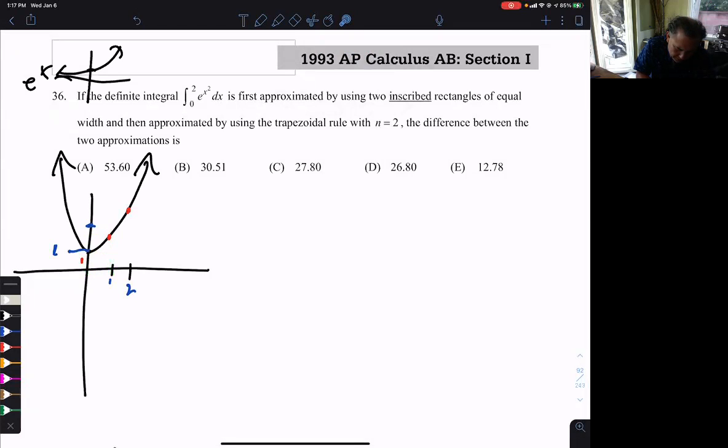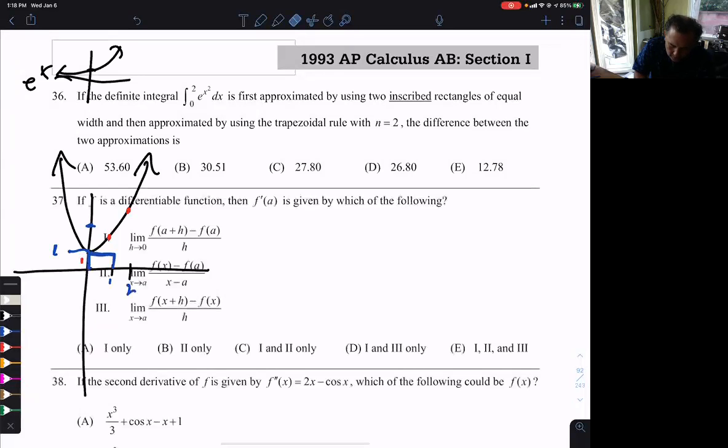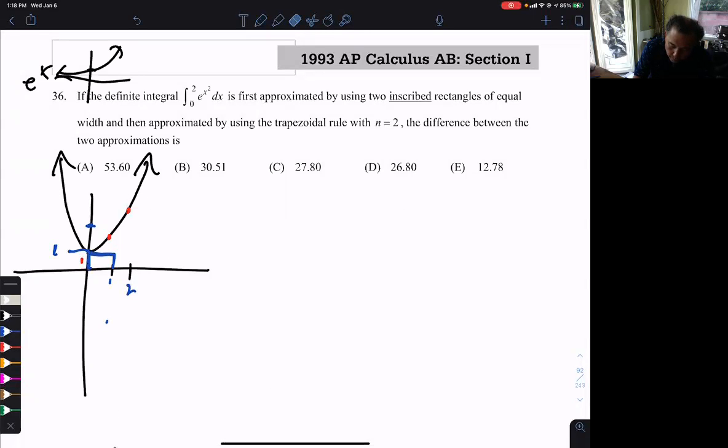So you're going to draw a rectangle here. And so the area, or the integral, I should say. The integral using the inscribed is going to be approximately, and here's what's kind of weird.